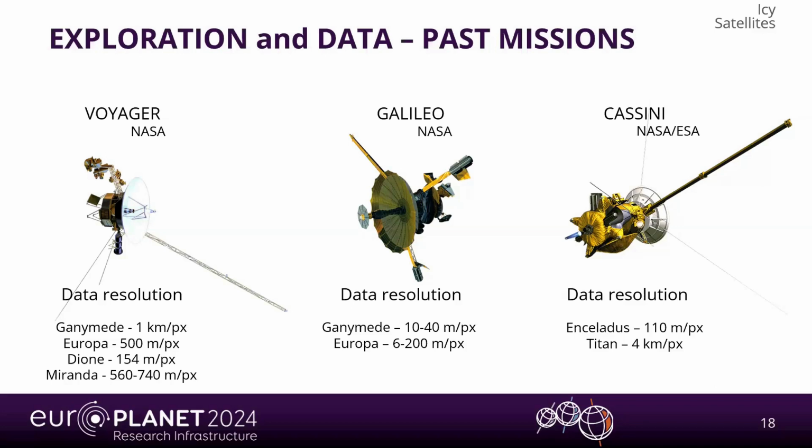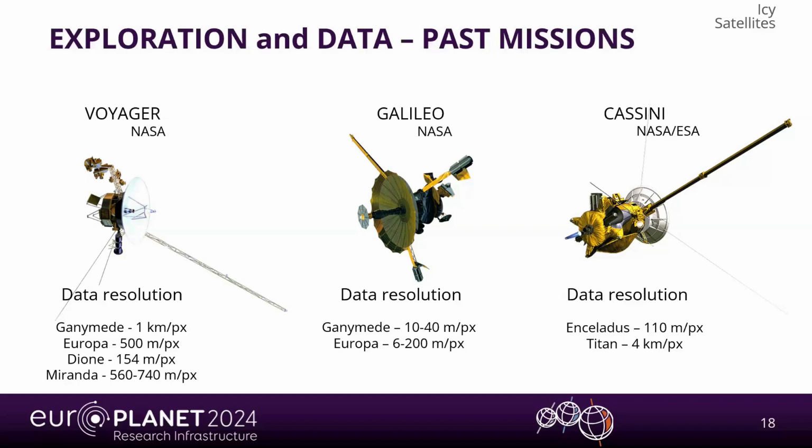Such missions provided us data that we still use and still allow to produce science. For geological investigation, mostly for mapping purposes, the cameras of such missions acquired data from the Jovian icy satellites, and mostly these are the Voyager and Galileo missions.